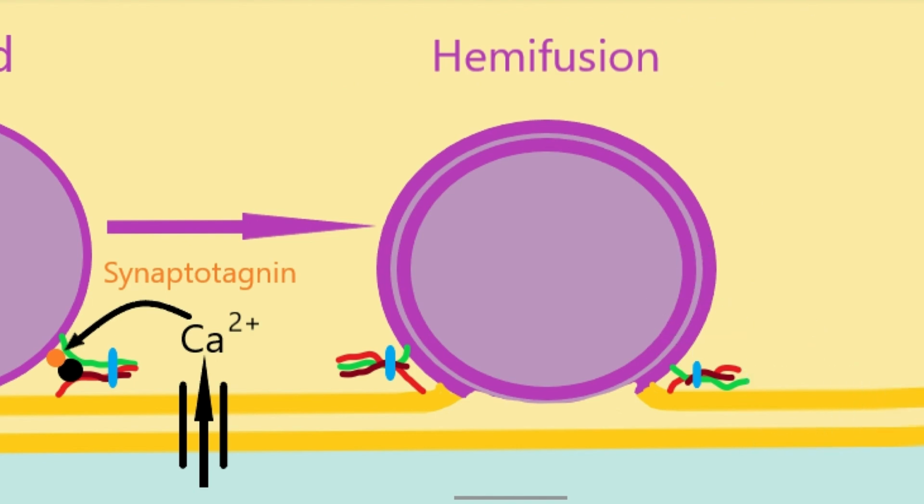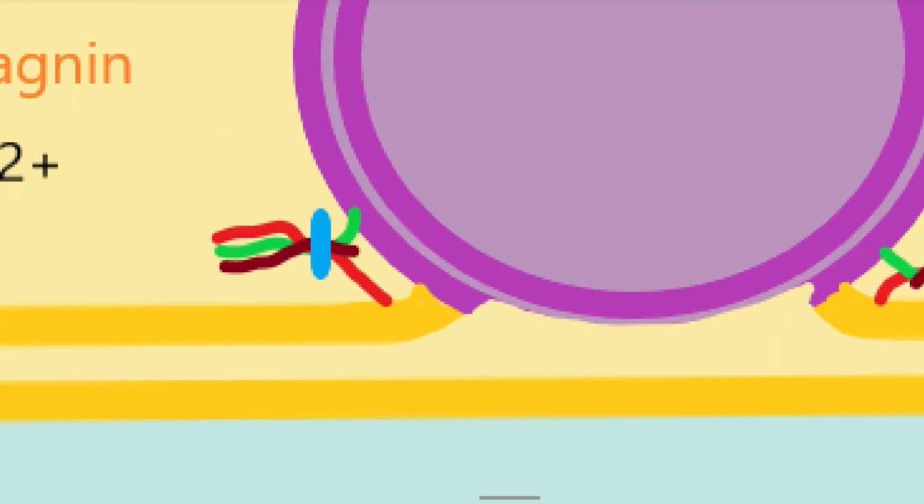Now this looks really weird because I've drawn my vesicle in a different color from my cell membrane. But you have to remember that this lipid membrane and this lipid membrane are essentially made of the same thing. So this darker yellow and this darker purple are basically the same thing. This lighter yellow here and this lighter purple in here are basically the same thing.